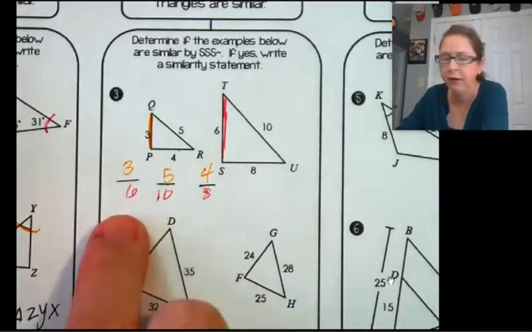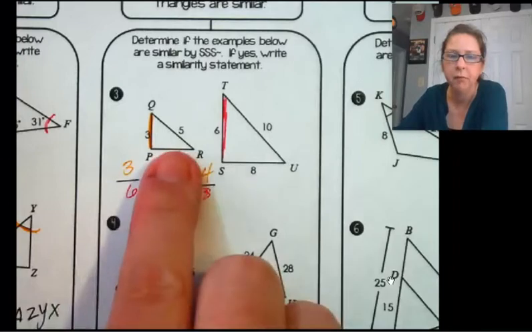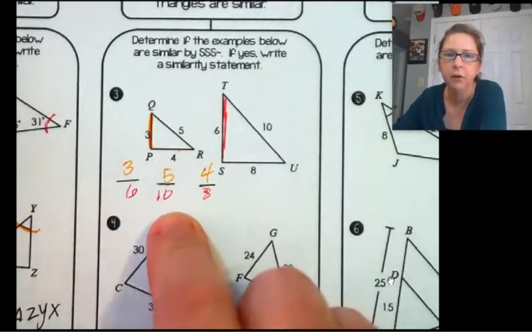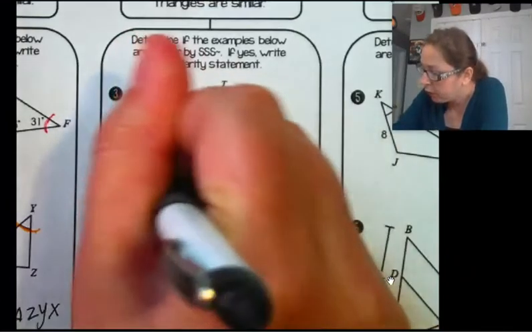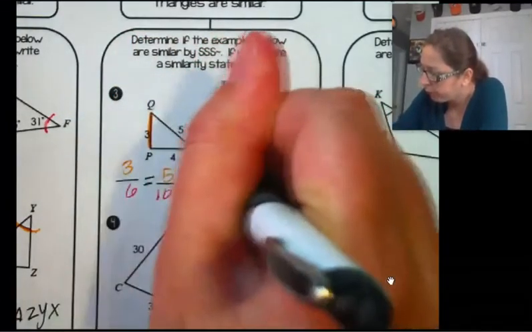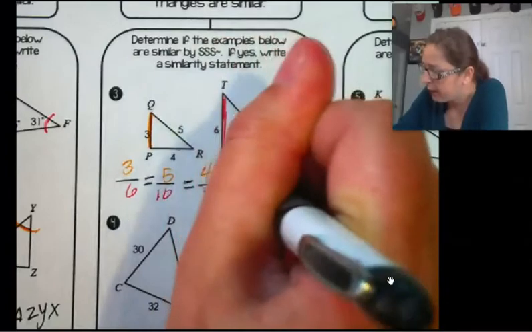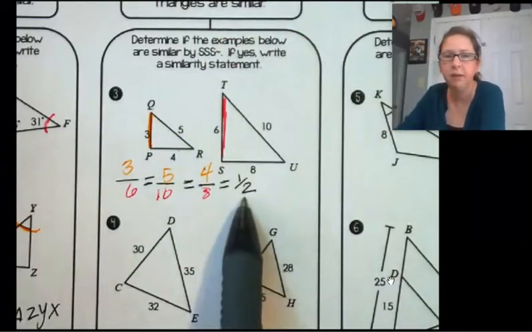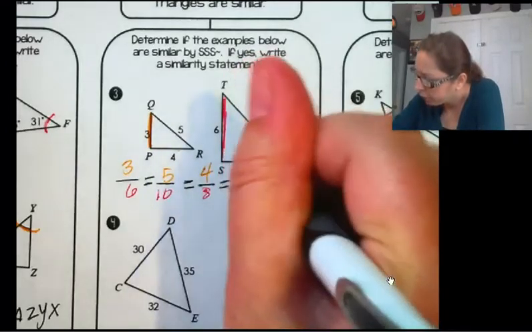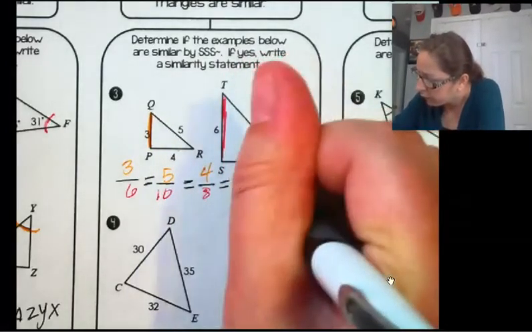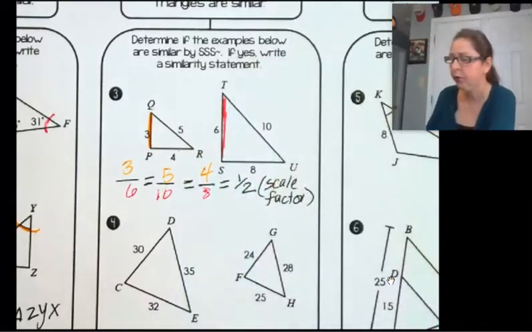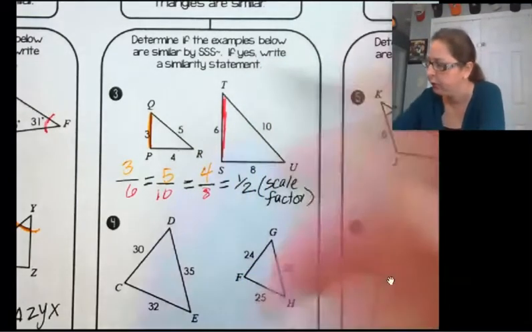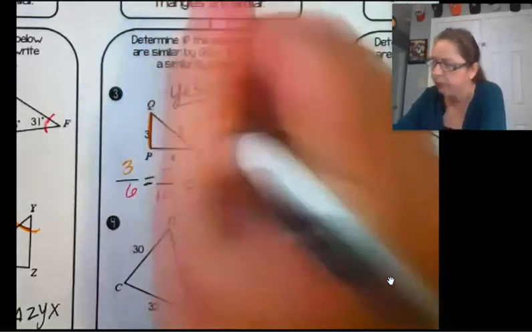Well, 3 over 6 is 1/2. 5 over 10 is 1/2. 4 over 8 is 1/2. So these are all equal to 1/2. And if they wanted me to find the scale factor, that's what it is. They all have the same scale factor. So they're definitely proportional. So yes.